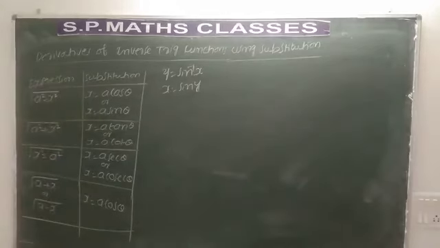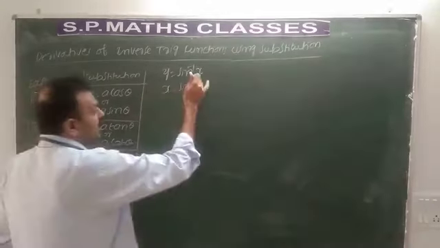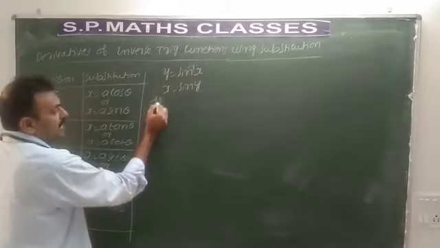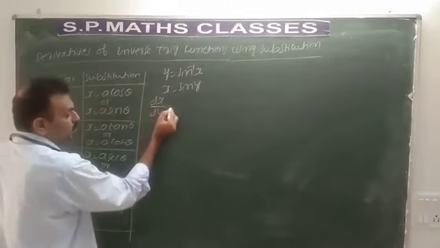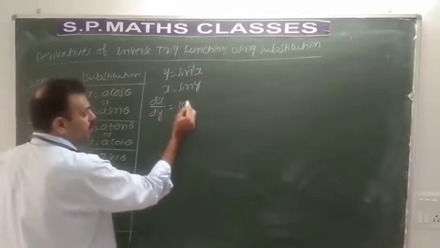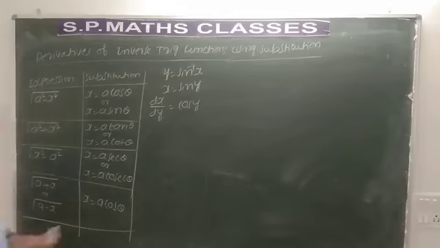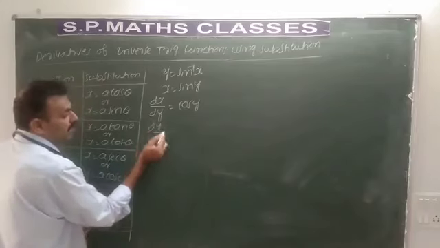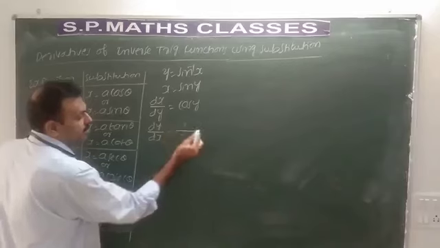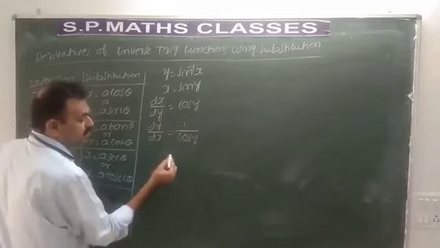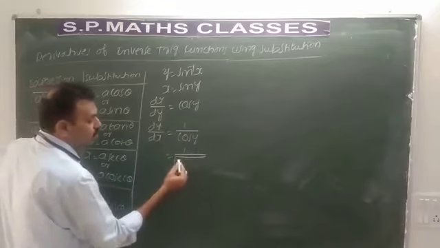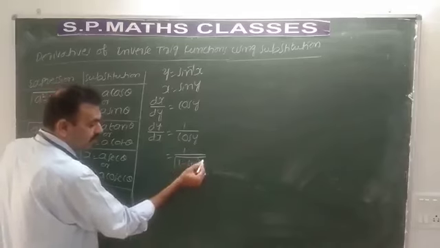We have written x as sin y because y is sin inverse x means x is sin y. Let us differentiate that with respect to y. dx by dy is equal to cos y, because we are differentiating with respect to y itself. What is dy by dx? dy by dx will be 1 by cos y. What is cos y? Root of 1 minus sin squared y.